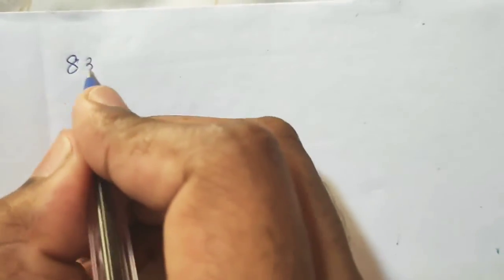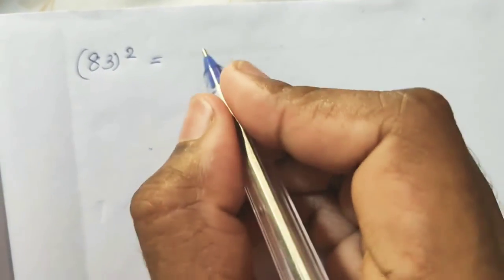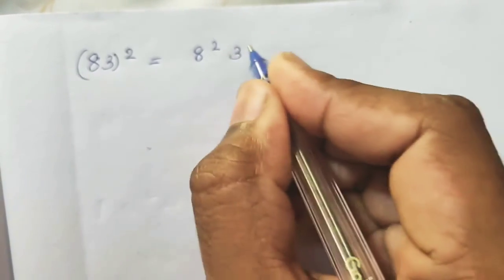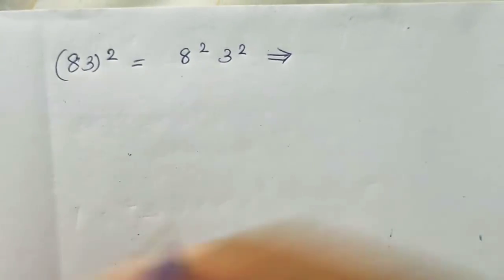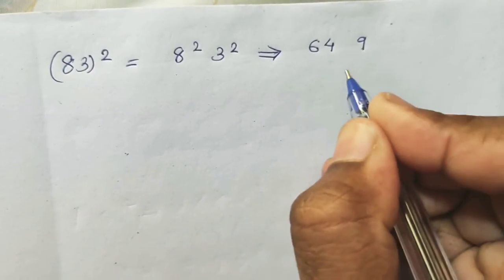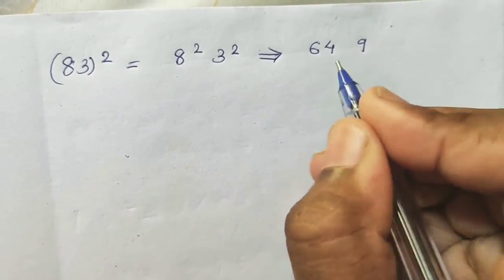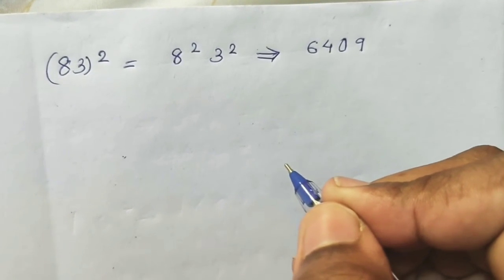Now suppose we have the example 83 square. For that we have to take 8 square, then 3 square. 8 square is 64, 3 square is 9. We cannot write this 9 as single, so we have to put this 0 in front. Okay, in front.